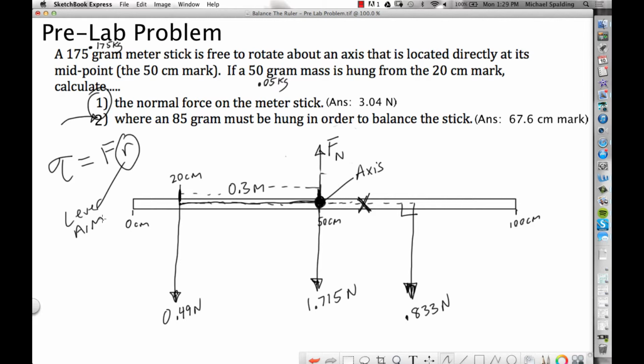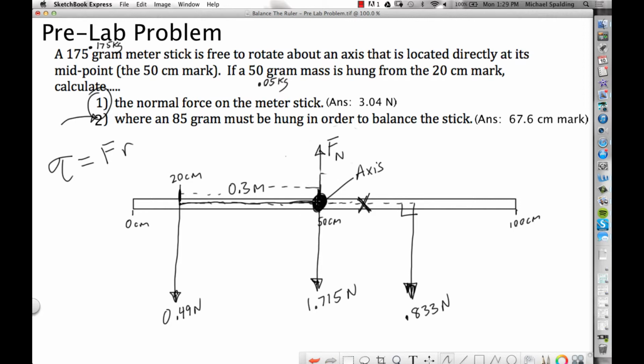The definition for lever arm, and if you don't have this definition written down from last week, I would write it down. Lever arm is the perpendicular distance from axis to force. Does everybody have that written down? It's the perpendicular distance from axis to force. So if you look at this situation, it's pretty nice, because here's our axis. Our axis is this point right here, the center of the meter stick.